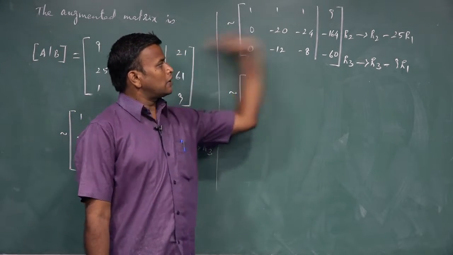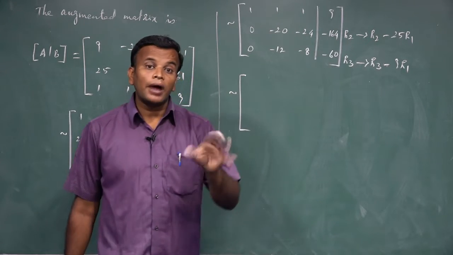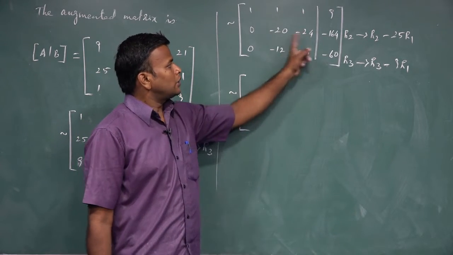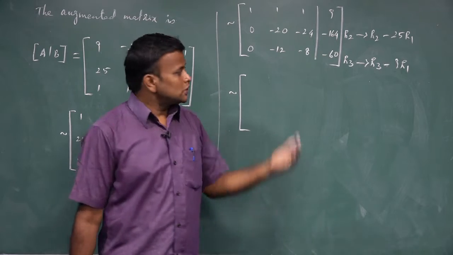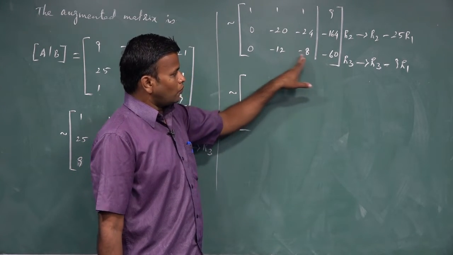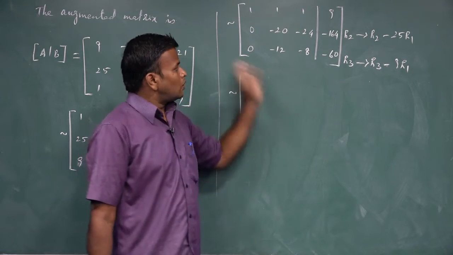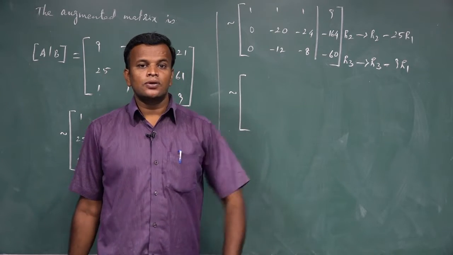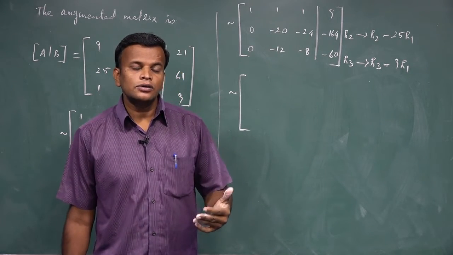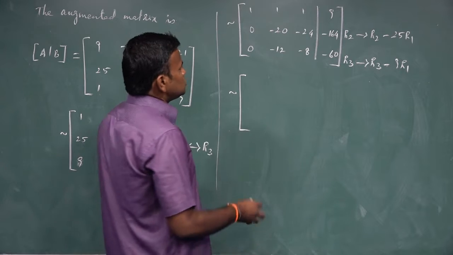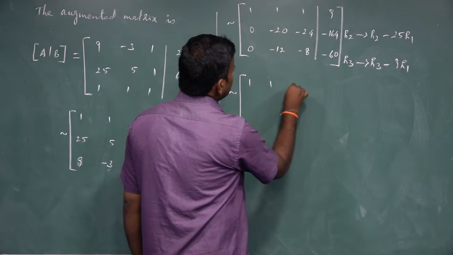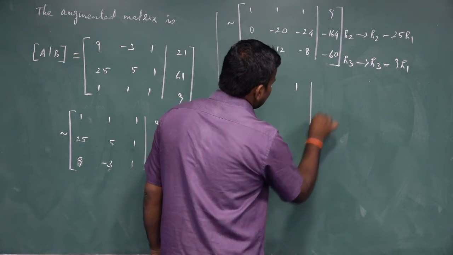So I divide the second row fully by the number minus 4, because all numbers involve minus. And you see the third row also has the number 4 common, and also all the numbers have the minus sign. So I divide R3 also by minus 4. So don't change the first row: 1, 1, 1, 9.